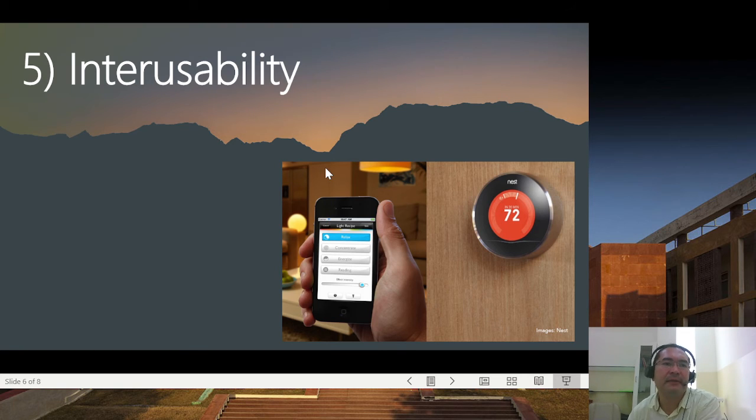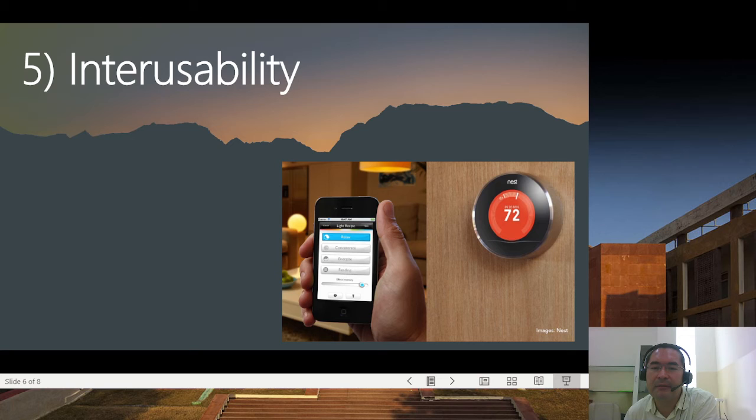One of the things that is unique to this type of connected product is interusability. What is this about? You understand that now you can interact with your service by using different devices: a mobile phone, the device itself, a tablet, a TV, or any type of machine.